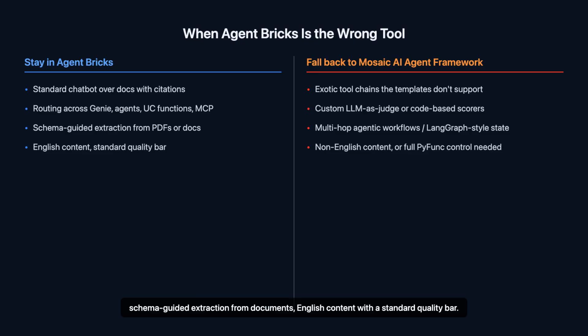On the right, fall back to the Mosaic AI agent framework with a custom PyFunc when you need exotic toolchains the templates don't expose, custom large language model as judge logic the auto-eval can't express, multi-hop agentic workflows with LangGraph style state, or non-English content. The keywords in scenarios are custom judge, multi-hop, LangGraph, PyFunc, or non-English.